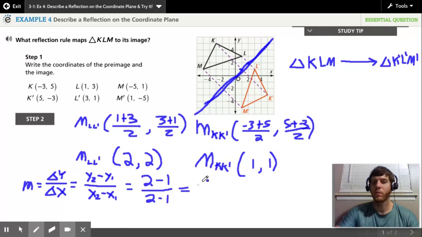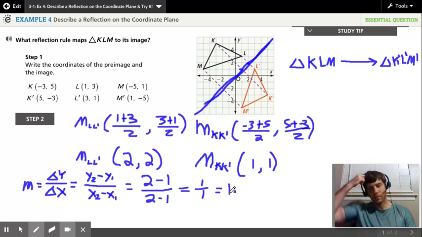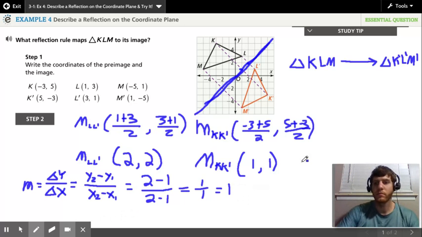That's going to be 1 over 1, which is 1. So our slope here is going to be 1. We know that y equals mx plus b, so y equals 1x plus b.